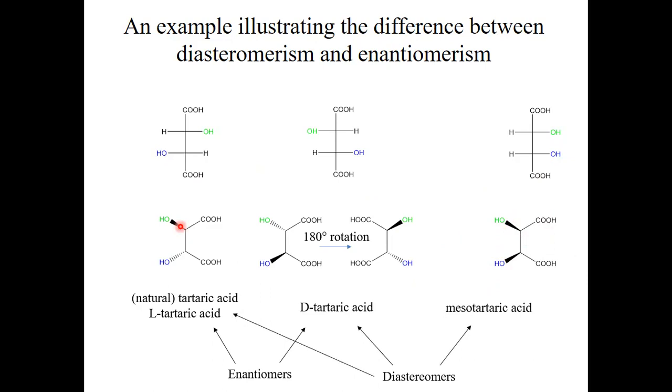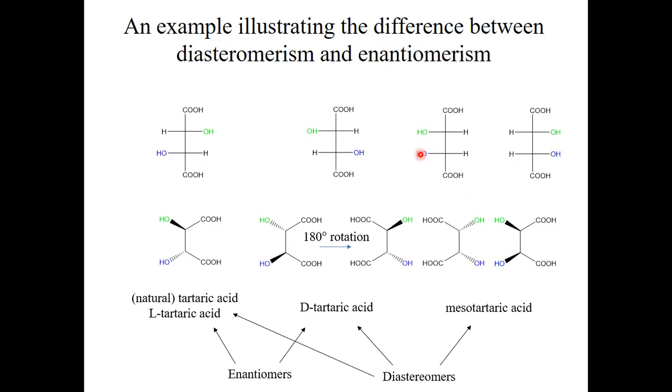Now, at first glance, it seems that we can also draw a mirror image of the meso-tartaric acid. Okay, we can just draw it, and then the two OH groups would point to the left. But note that this is not an isomer, because we can just rotate one of the two molecules by 180 degrees around the carbon-carbon axis, and then they superimpose.